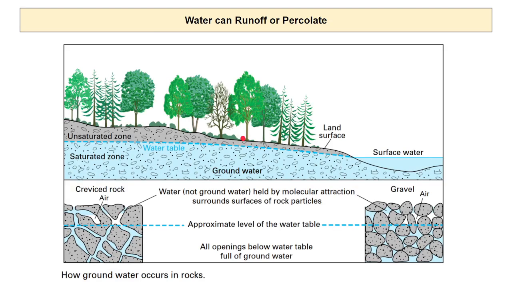Now, when we talk about precipitation, just a reminder from Unit 1, precipitation can either become runoff or it can percolate. Percolation or infiltration is when it goes into the ground, and runoff is anything that stays on land. Now here we have our water table. If you remember, this is essentially a line between the saturated and unsaturated zone.